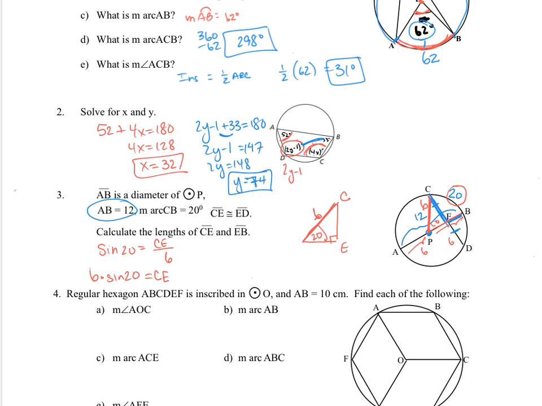If we work that out, and let me change my calculator back to degrees here, 6 times the sine of 20, I will get a value of 2.05. So CE equals 2.05, which is what ED is.